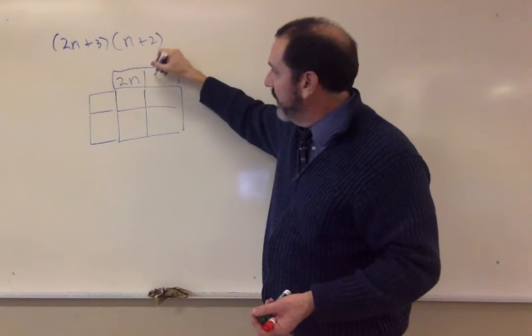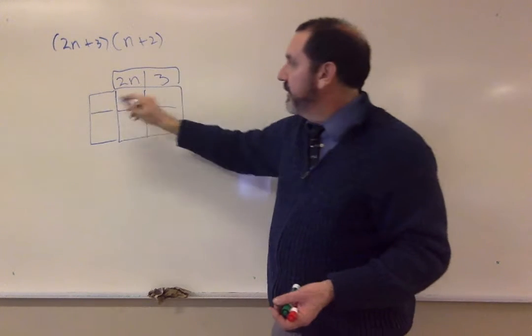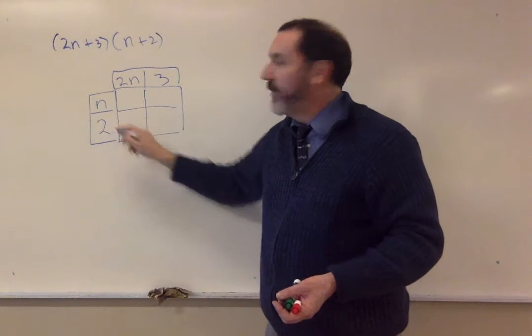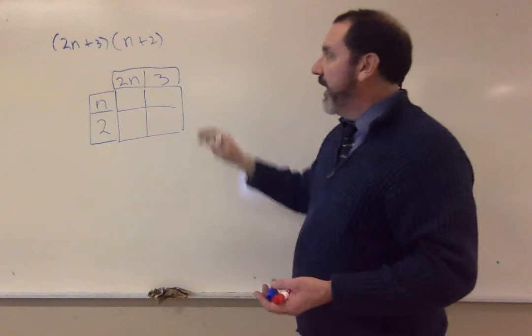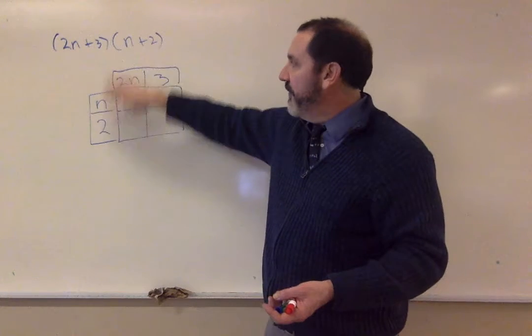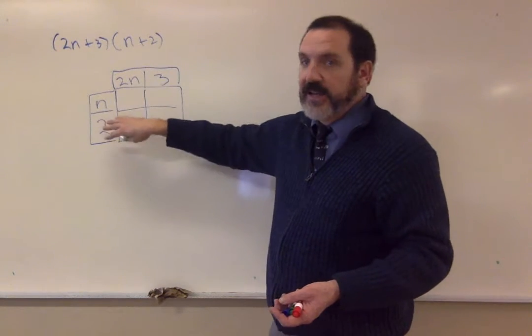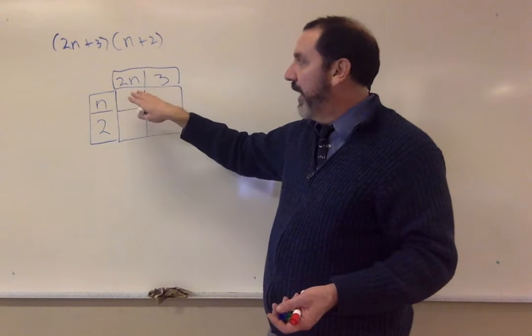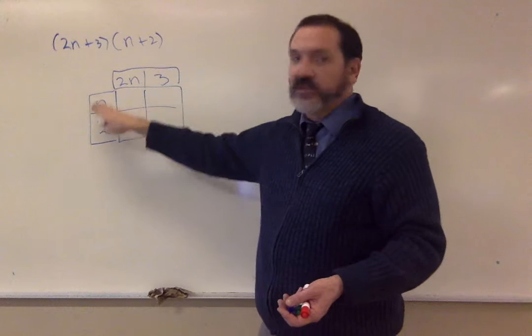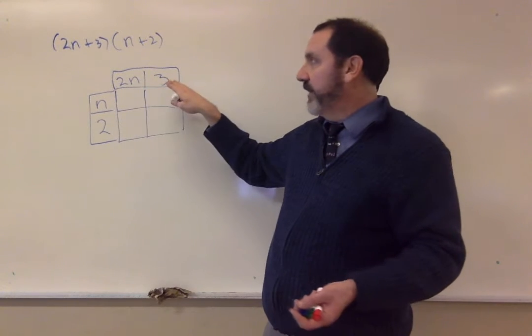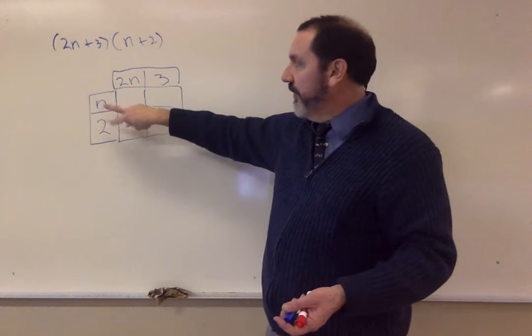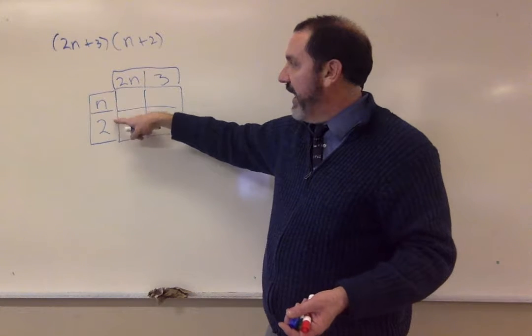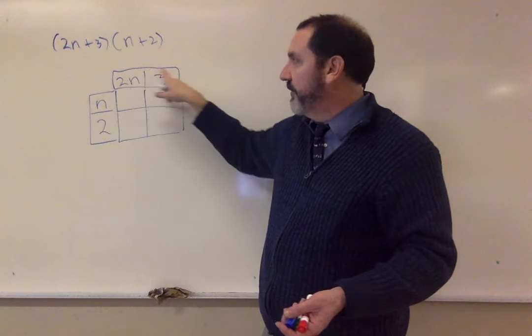You do 2n plus 3 and n plus 2, okay? As long as the one factor is on one side and one factor is at the top, or sometimes you could write it at the bottom, it's not going to matter. You can put the 2n plus 3 here and the n plus 2 there. The order of these terms doesn't matter. I can have the n here and the 2 there, or the 3 here and the 2n there.